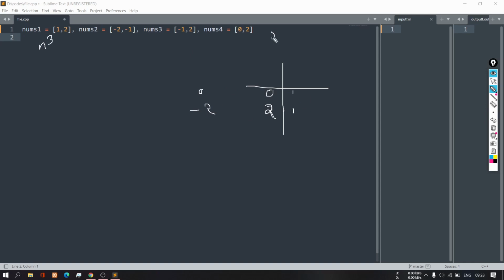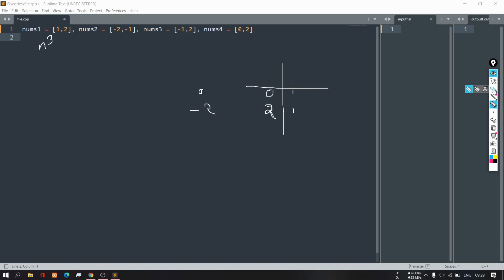So this is 200 cube complexity. I think it will work fine.